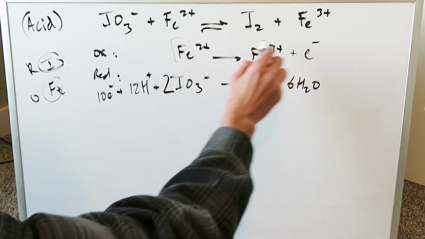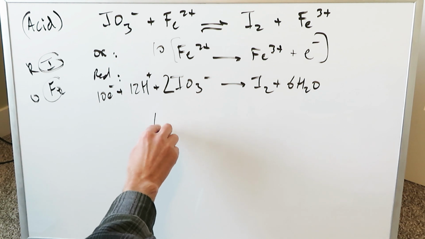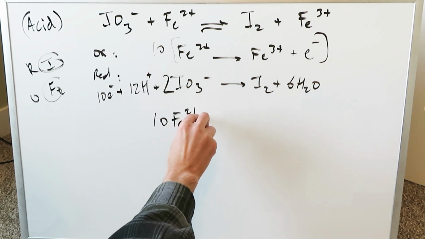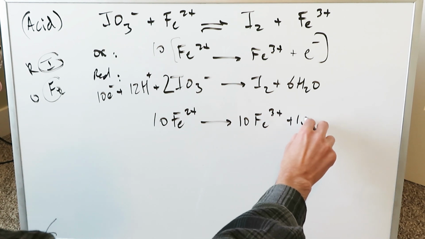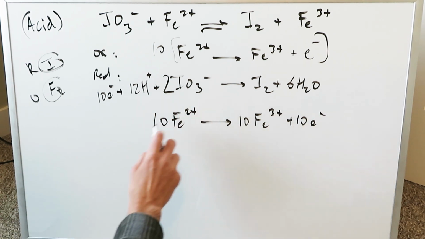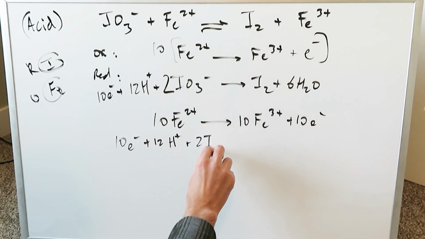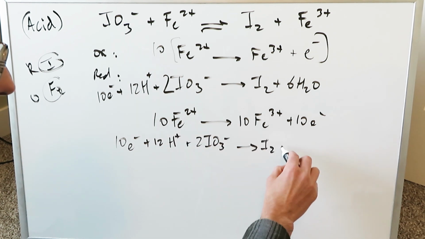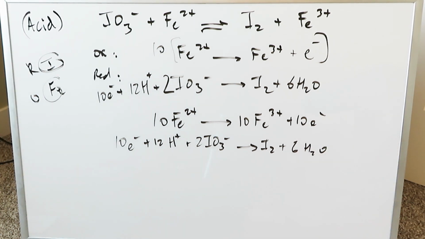I would multiply all of the iron half reaction by 10, because that'll give me 10 electrons there, and then I'll rewrite everything. I have 10 Fe2+ giving me 10 Fe3+ plus 10 electrons. I don't have to do anything over here other than rewrite it: 10 electrons plus 12 hydrogen ions plus 2 iodates gives the diatomic iodine and then 6 H2O. Now what can we do?